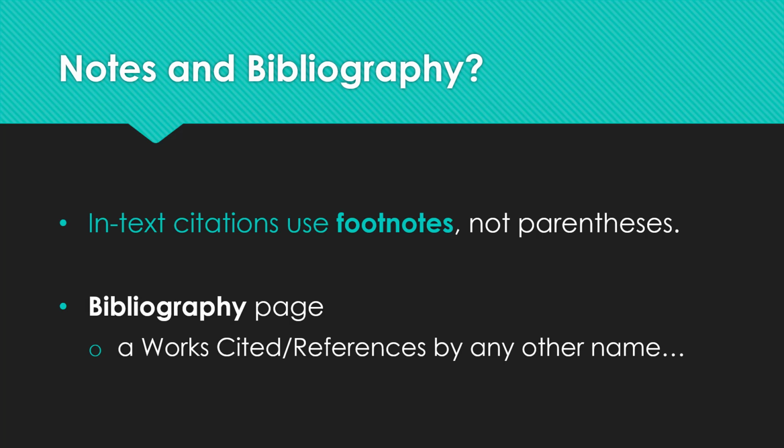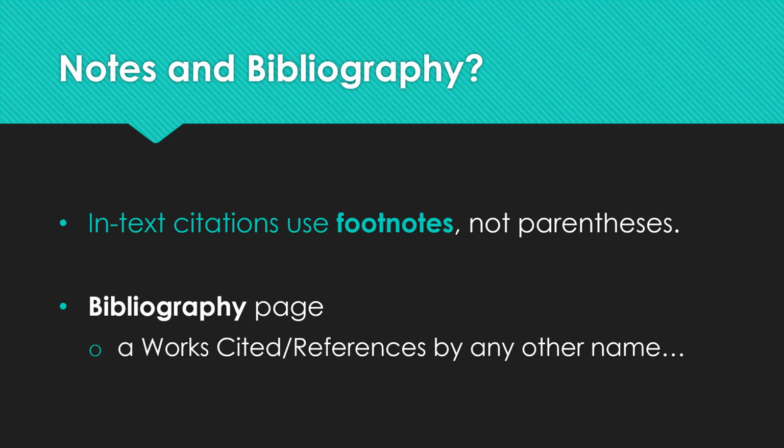The in-text citation works with your citation page called the bibliography. Together, the in-text and the full citations give credit to the original author, help others to locate the information, and verify that information, such as the currency, the publication date of the information.